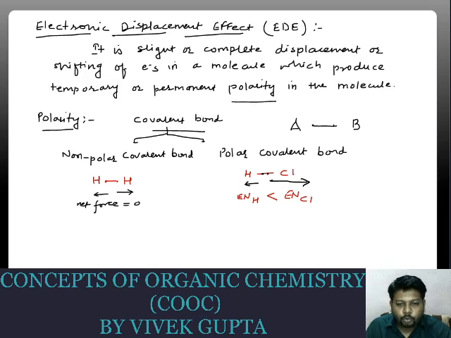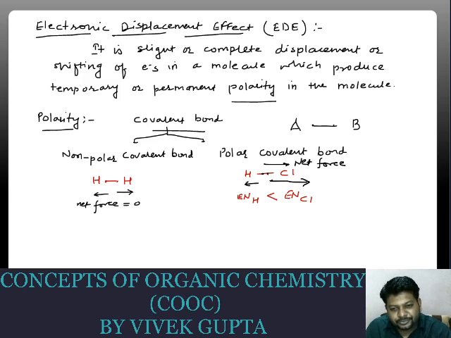Means the force exerted by hydrogen will be lesser in magnitude, but the force exerted by chlorine will be greater in magnitude. So there will be a net force working towards the chlorine atom. This will be the direction of net force. Means the bonded electron pair won't reside exactly in the middle of the molecule.